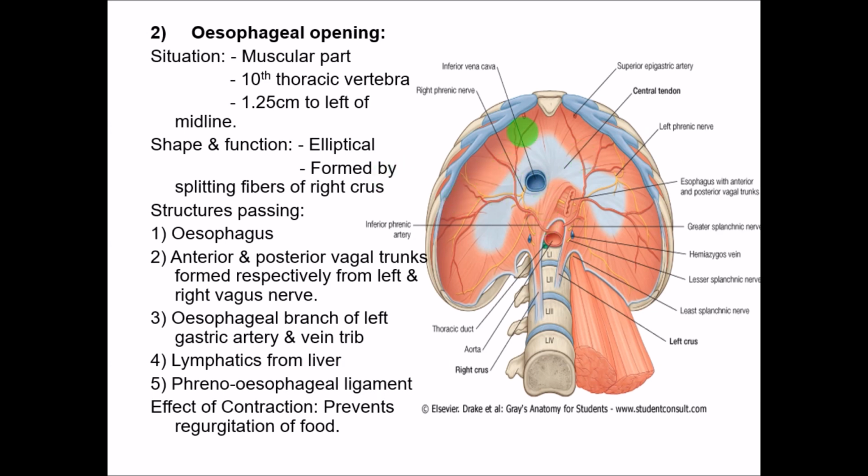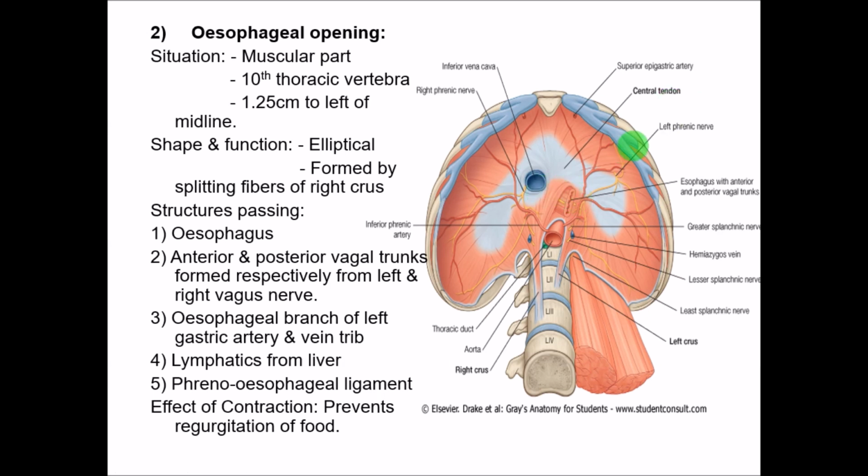Coming to the effect of contraction: it prevents regurgitation of food. The esophagus enters here and opens into the stomach, and all the food is collected in the stomach. Whenever the food tries to regurgitate, the diaphragm contracts, and this opening becomes narrow and prevents regurgitation of the food particles.